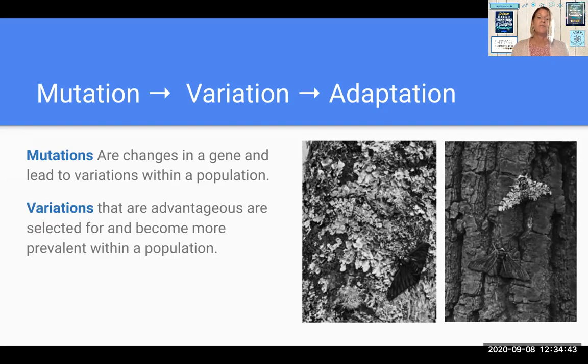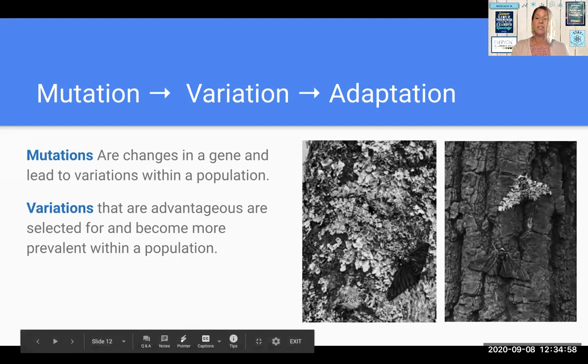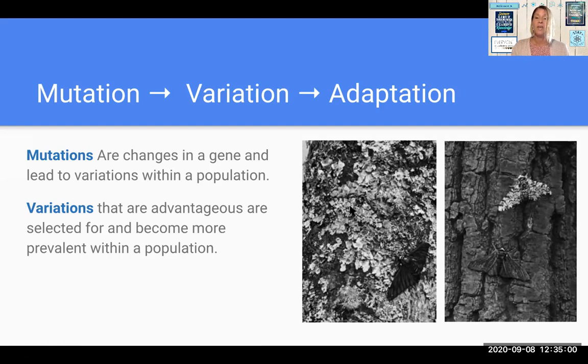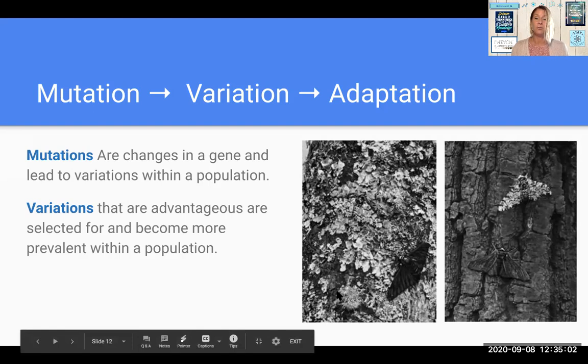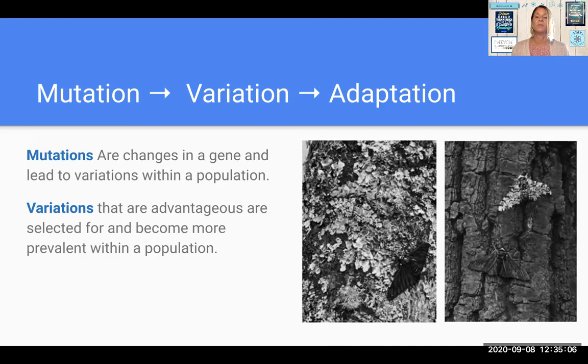So the variations within a population that are advantageous can be selected for by the environment, remember, and become more prevalent within a population. So in this example where the tree bark is very similar to this moth, then the moth is able to camouflage very well, and more of the moths in the population will have the peppered moth patterning, because that is an advantageous trait within the population.